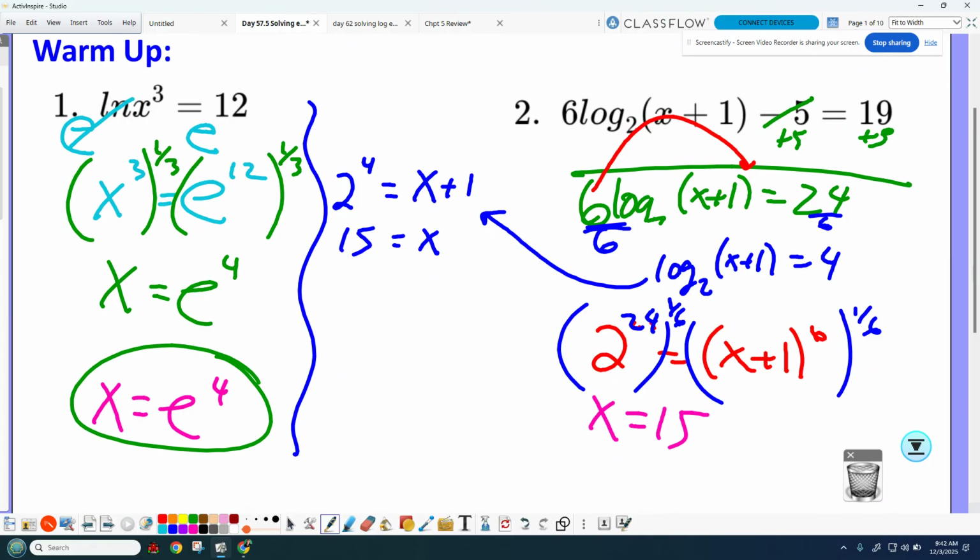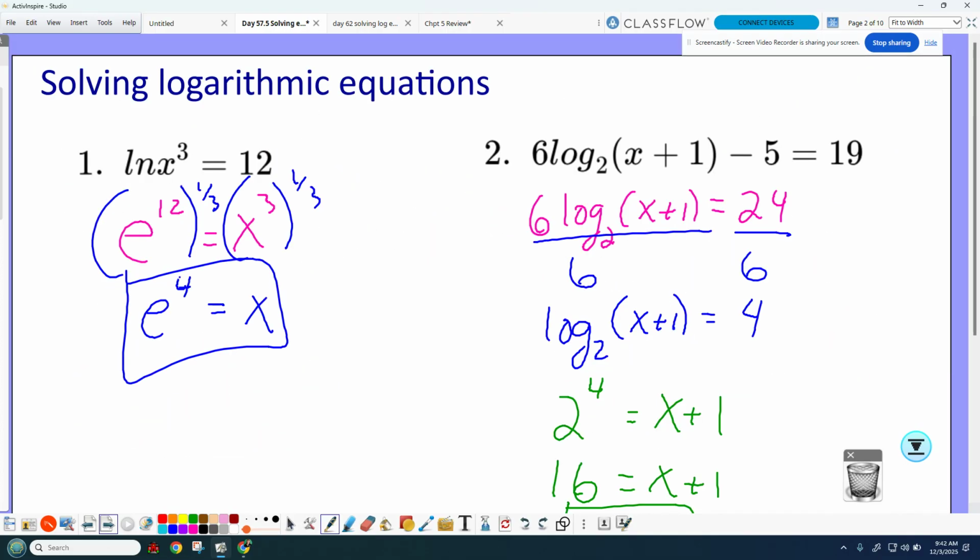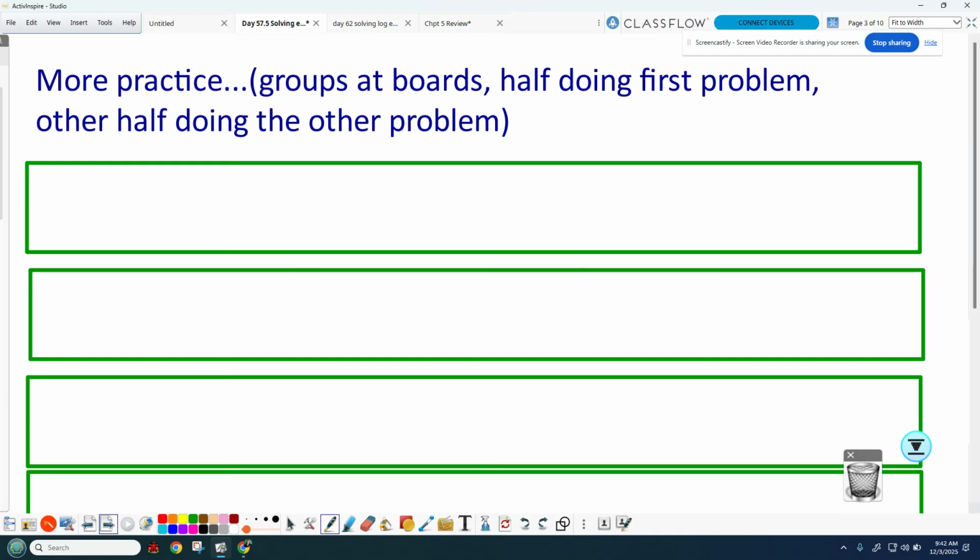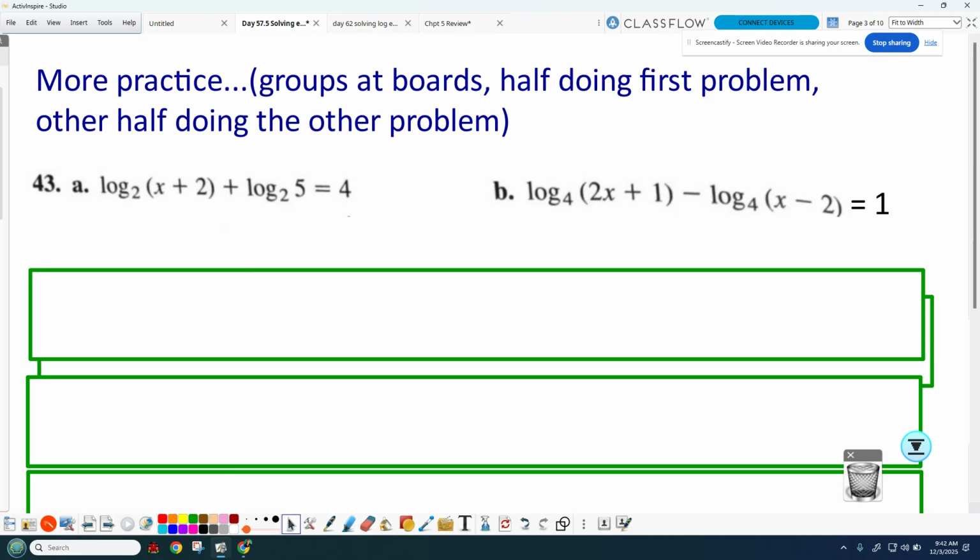Okay, all right. I would like to go over the worksheet, but I want to do some other problems first. So groups 1, 2, 3, 4, and 5, can you go up to the boards and try this problem? And groups 6, 7, 8, 9, 10, 11, you work together and do this problem on the back board.